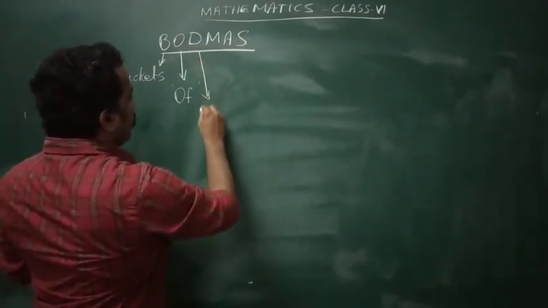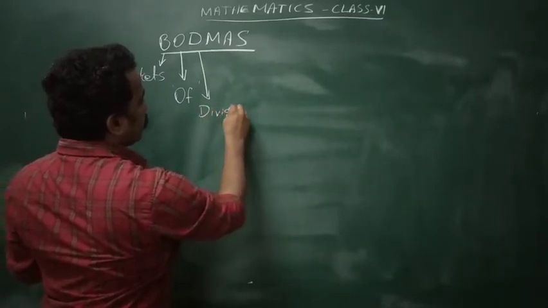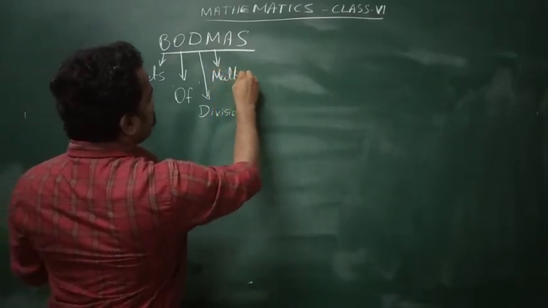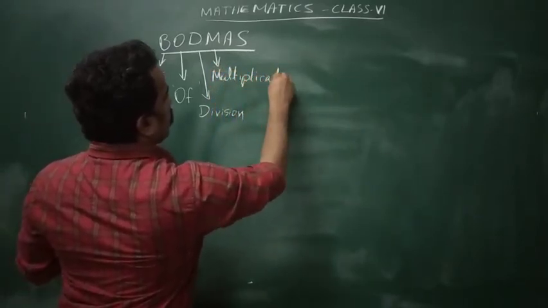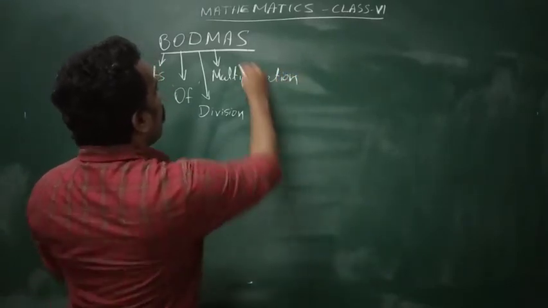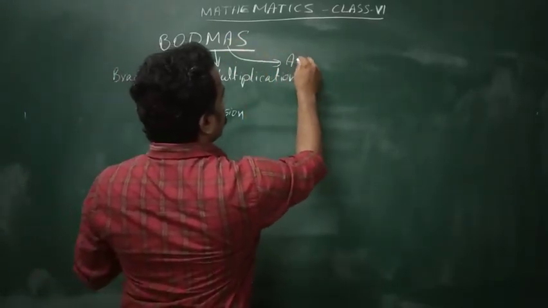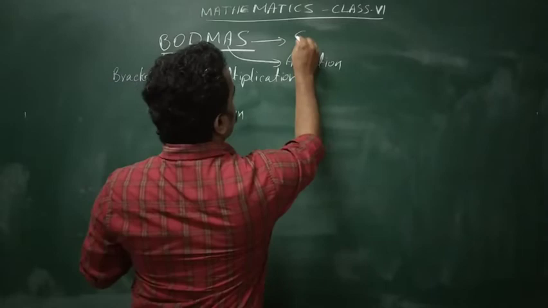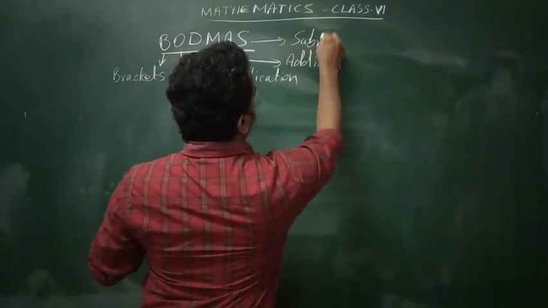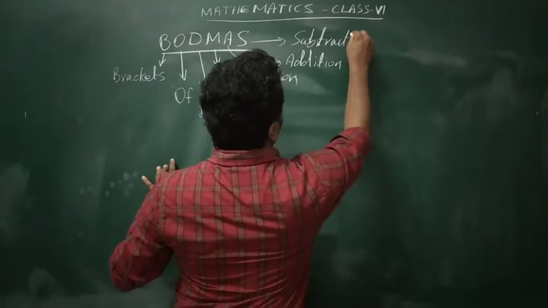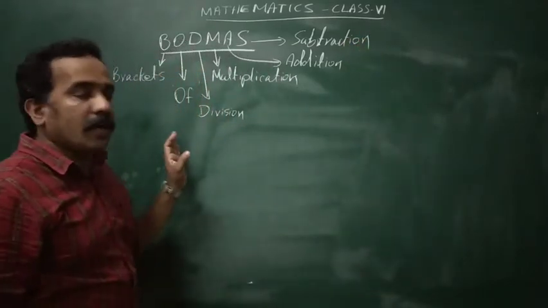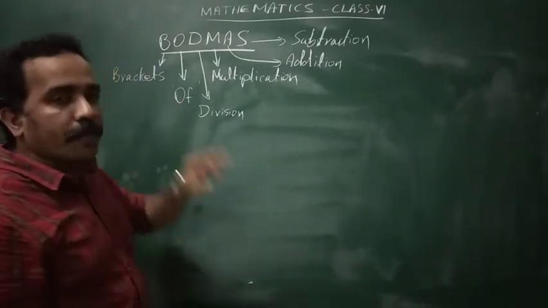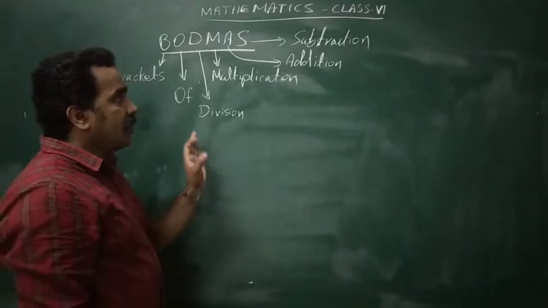Then D for division, M for multiplication, A for addition, and S for subtraction. This is the rule we follow whenever brackets and of operations are there in an arithmetic expression.